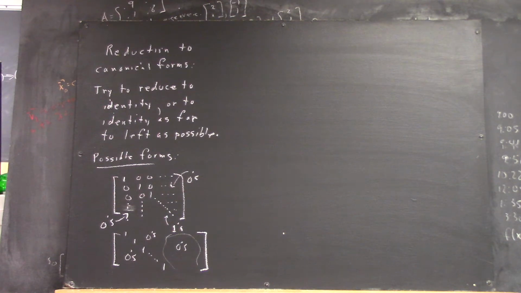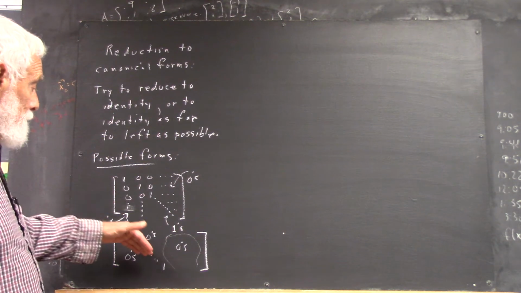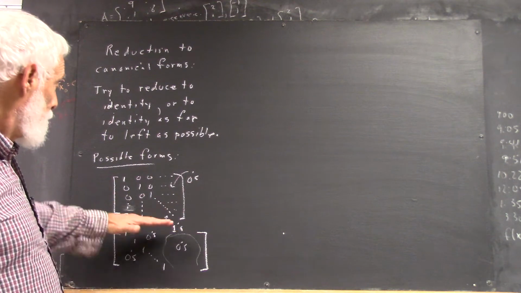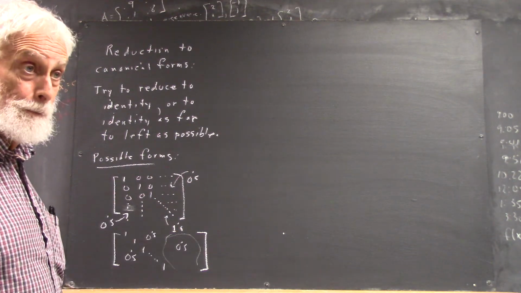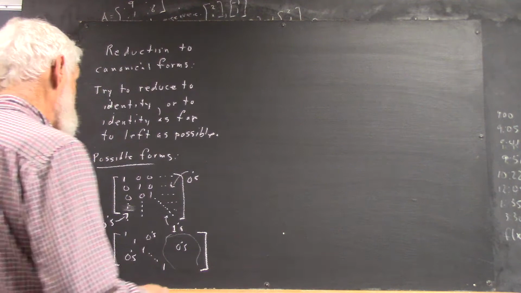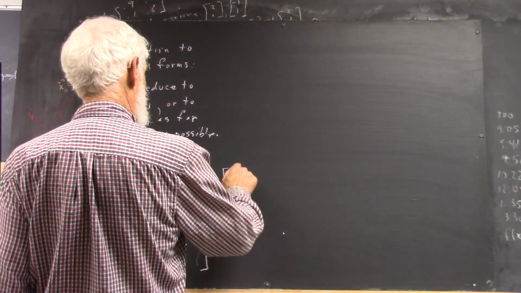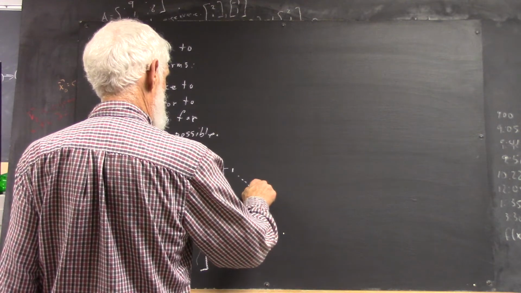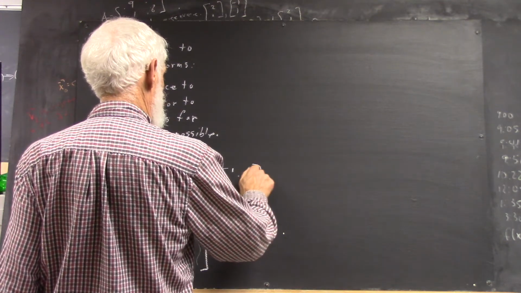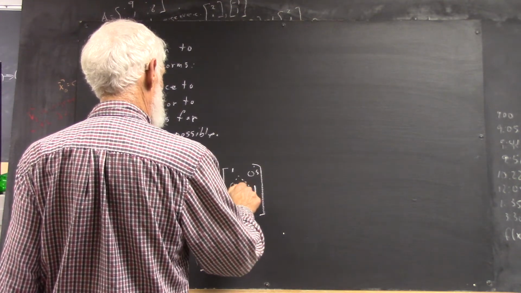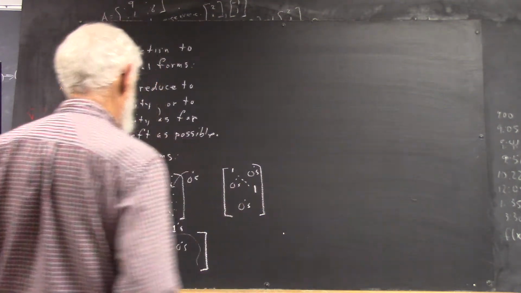Or we could have a bunch of ones, the matrix stops here, and then there are a bunch of zeros down below that, right? And we've seen forms like that. So we could get, again, an identity up to here, zeros here, zeros here, zeros here.